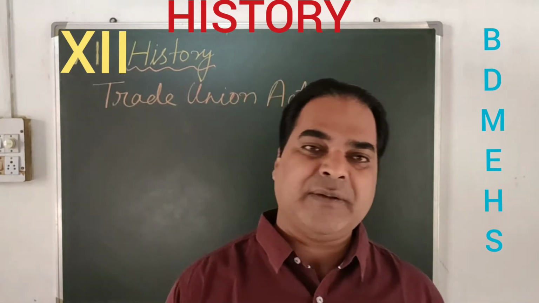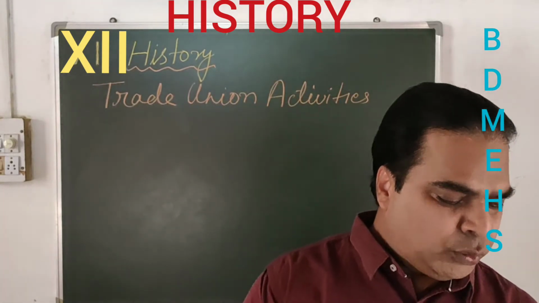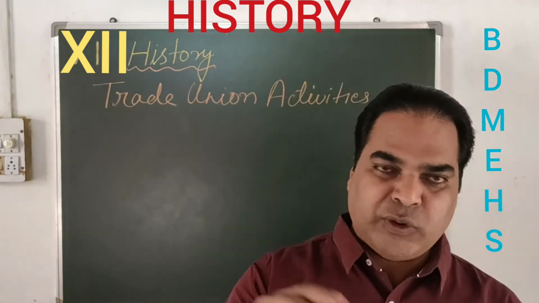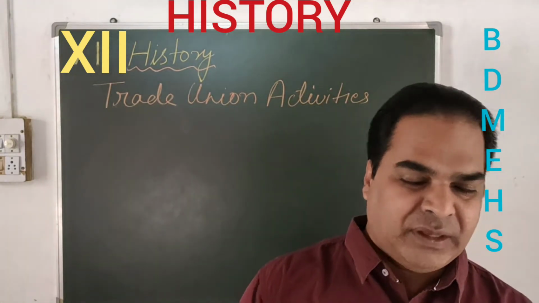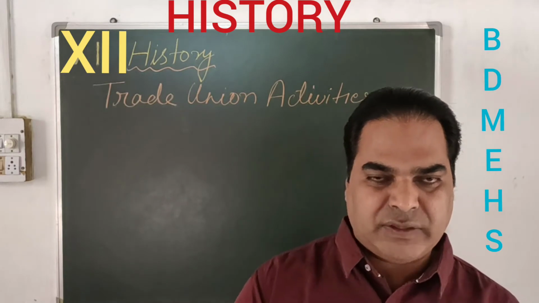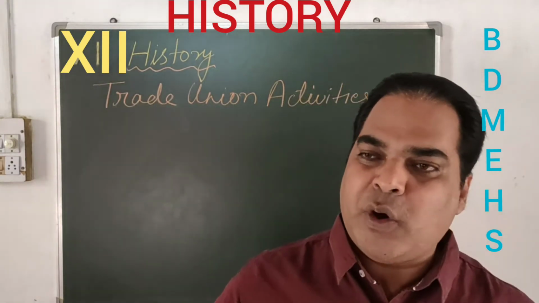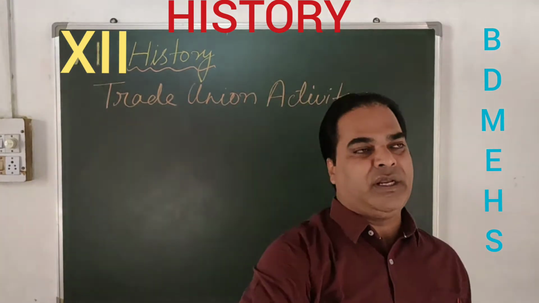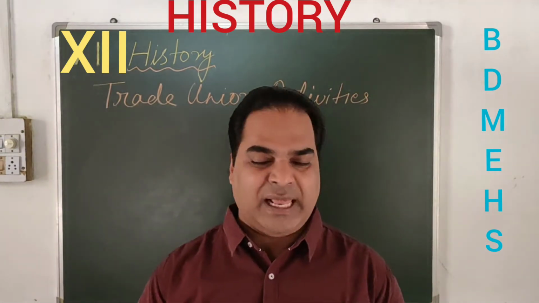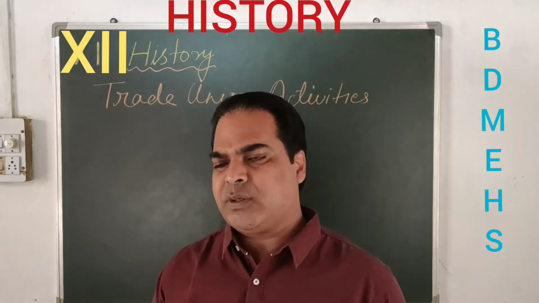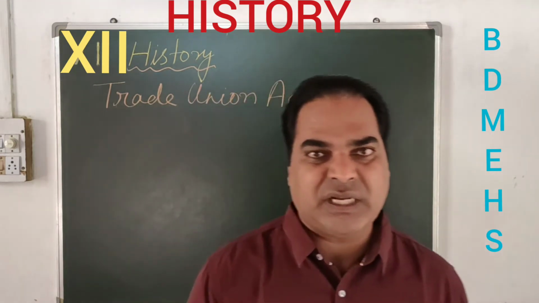Here we'll be discussing two regions, mostly Bombay and Calcutta, the main important centers where industries were set up, and most of the working population flocked there at that time. Even today, people go to the metropolitan cities where industries are set up.